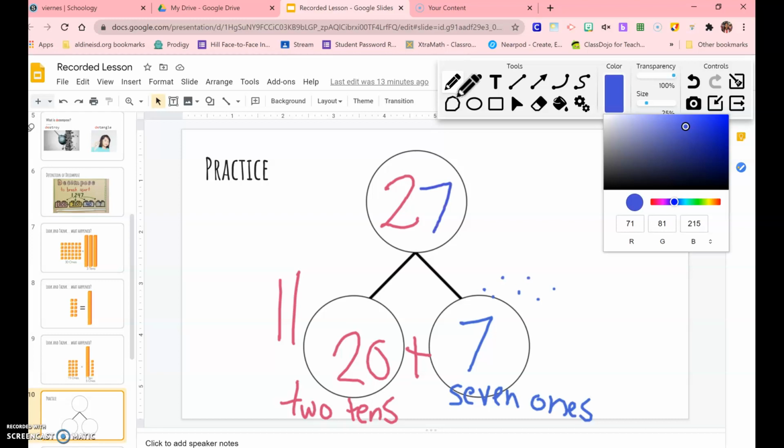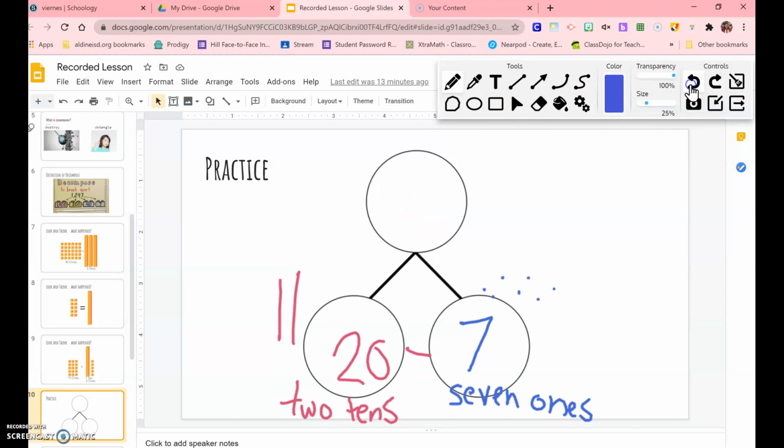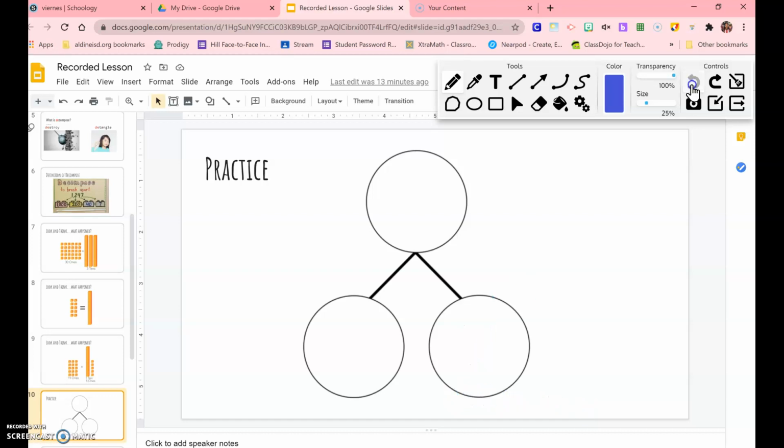Okay. So feel free to use the number bond to compose and decompose numbers of tens and ones. Okay. So again, compose to put together, decompose to break apart. Like right now, I am destroying things, so that's part of decomposing.